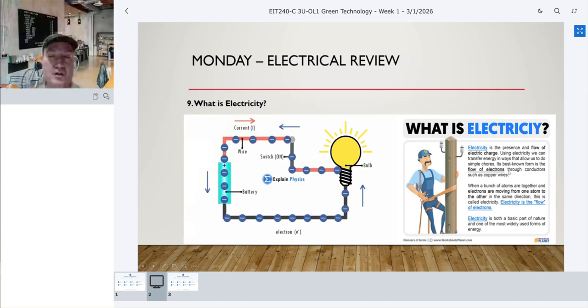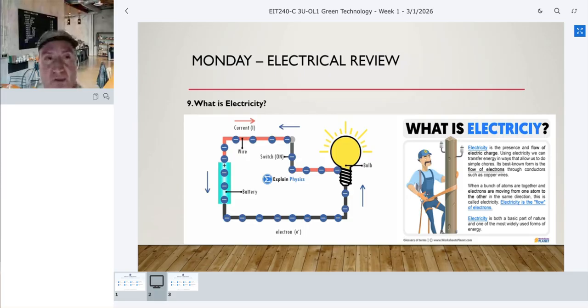So in my simple words, flow of electrons is the definition of electricity. We have thousands of different definitions about what electricity is, but the simple and easy answer, when somebody says, Jose, what is electricity? You can answer: flow of electrons.